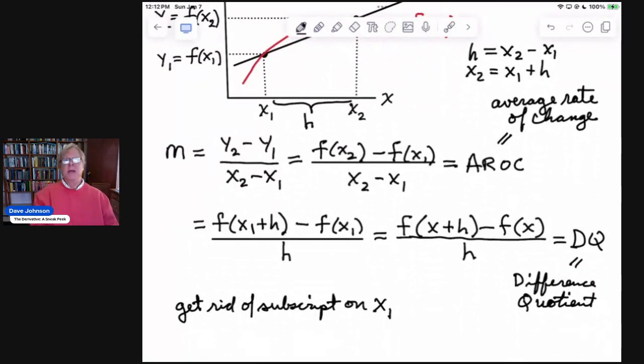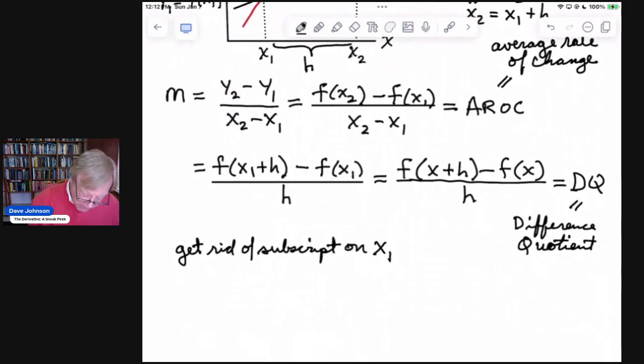Now, the sneak peek at the derivative. The derivative, and I'm going to throw this out there, you're going to see this over and over in your calculus class. It's just more notation. They say the derivative of y with respect to x is equal to the limit as h goes to 0 of your difference quotient.